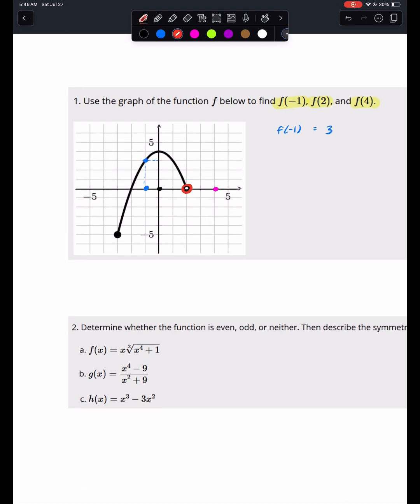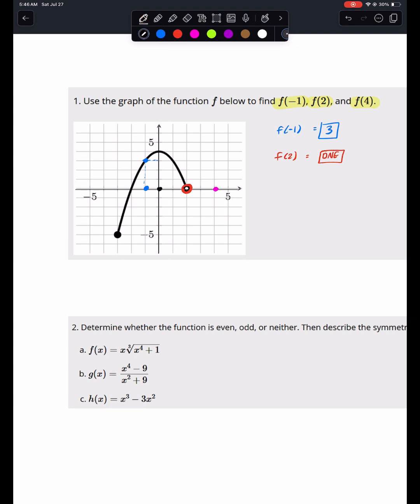For our f of 2, we can see that it's actually on top of an open circle. And an open circle means that there is no defined value for the x value. So our answer is does not exist. And then for f of 4, it's actually outside the bounds of the graph, right?